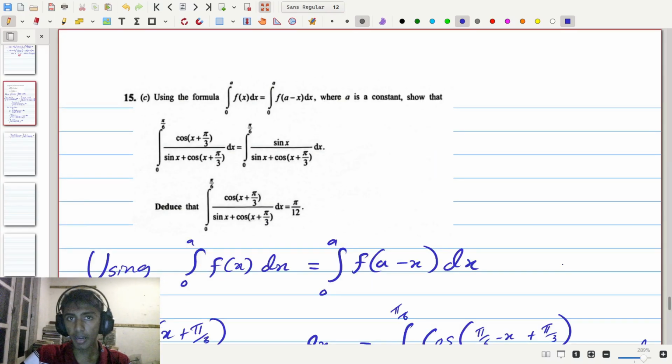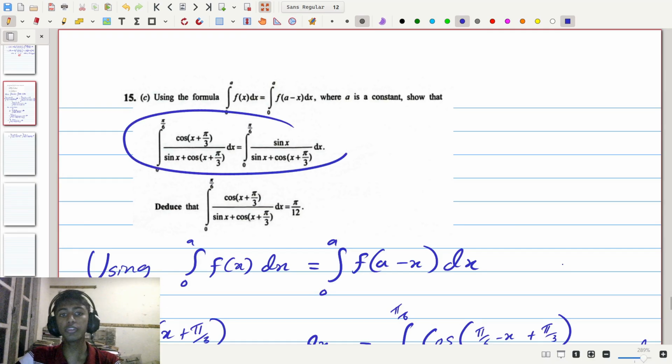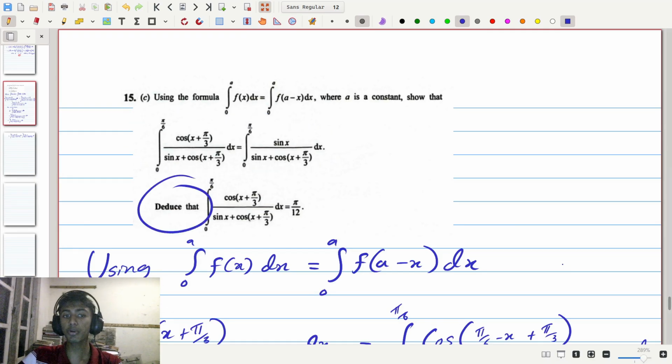Now for the second part, as I hinted, we're going to need to use the first part's result. If we consider what we have that we are supposed to deduce, that the integral from 0 to pi by 6 of this thing right here, which is this exact integral, is equal to pi by 12.